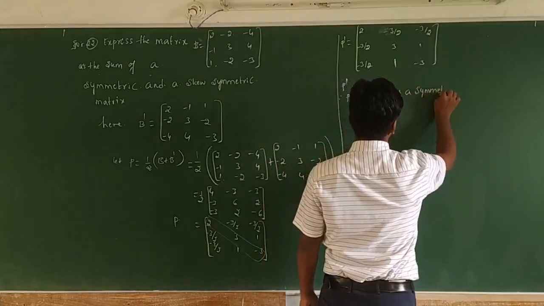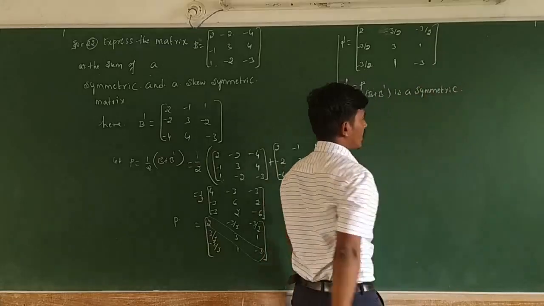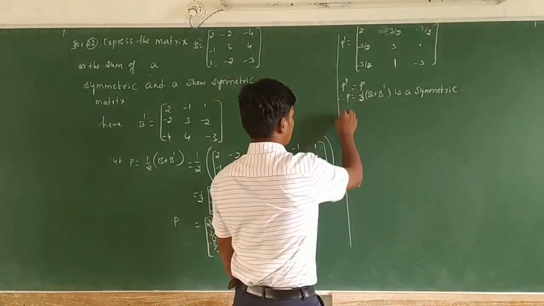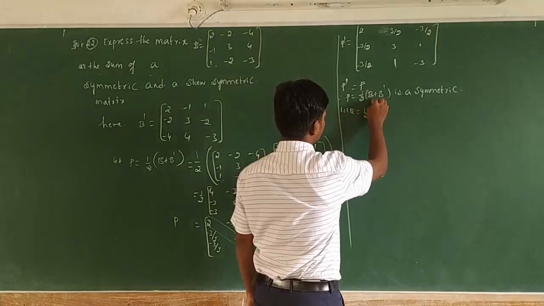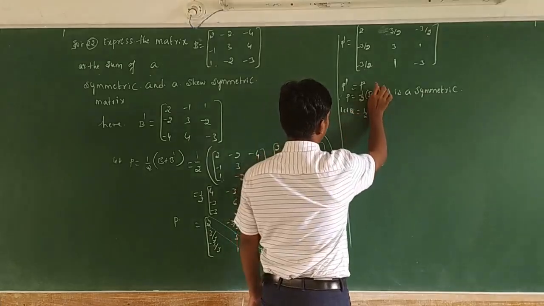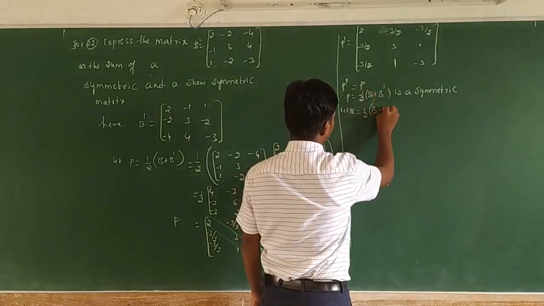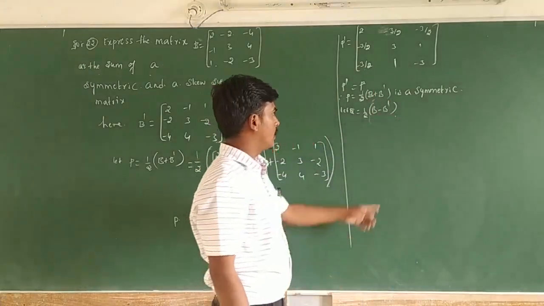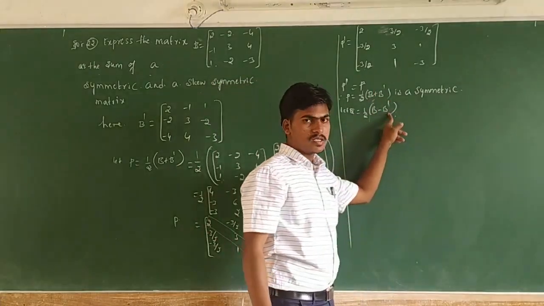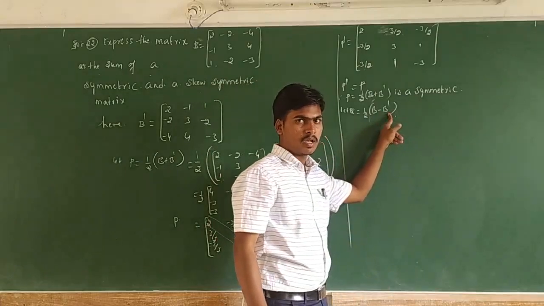Is a symmetric matrix. Now Q is equal to, in general, 1 by 2 into B minus B transpose. B minus B transpose is a skew symmetric matrix. In the theorem we already told that.